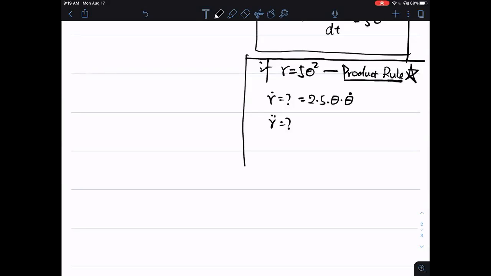How many of you got that right? Okay, I'll give you 1 minute to try r double dot. Let's see how many of you got that right. Try that on your notes to see if you can get r double dot. Remember the product rule.